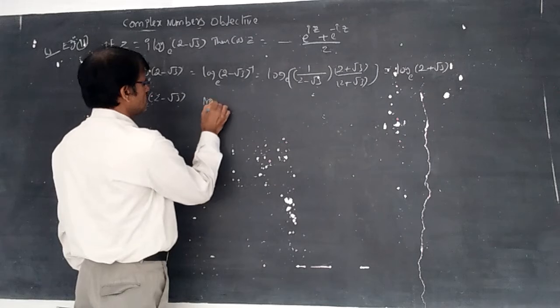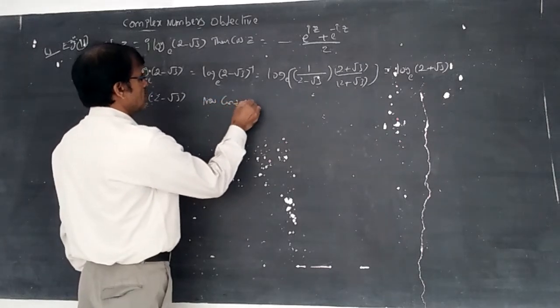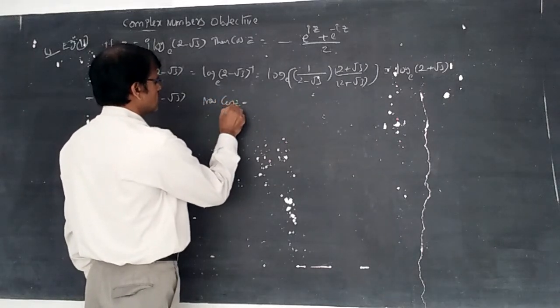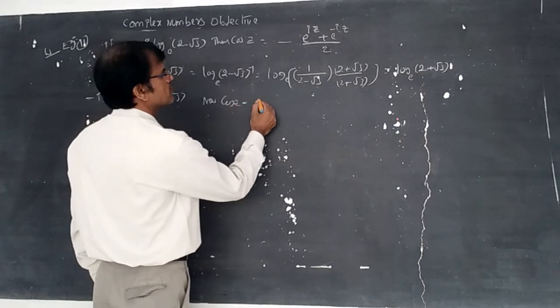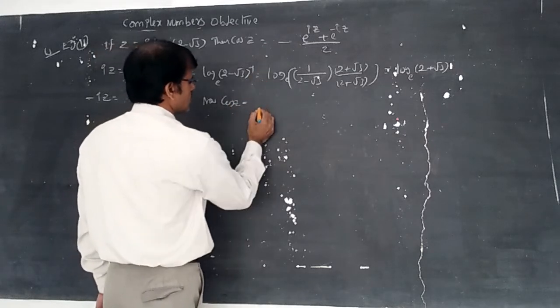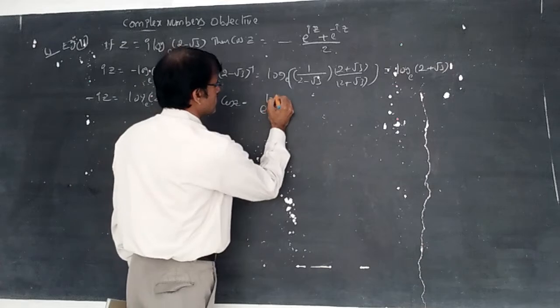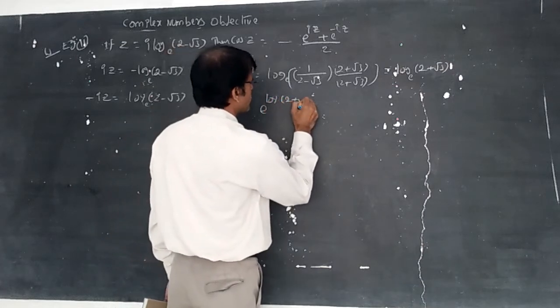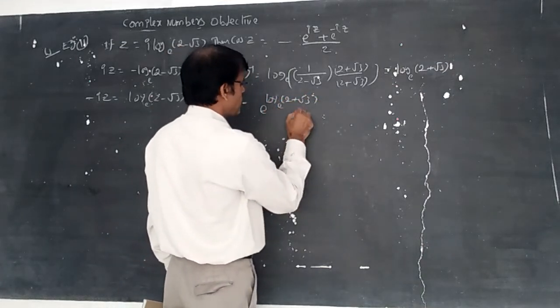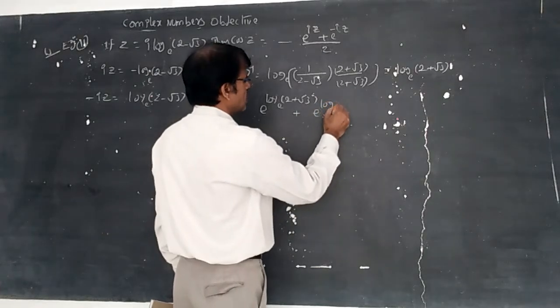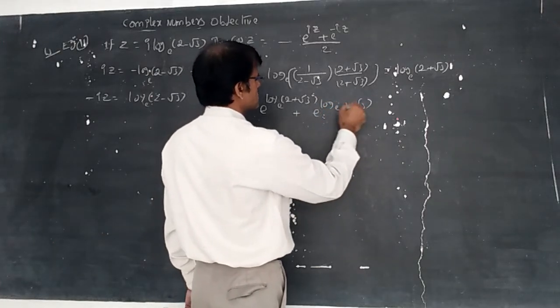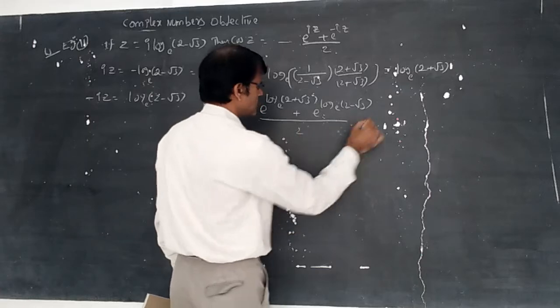Now cos z is equal to e power logarithm of 2 plus root 3 to the base e plus e power logarithm of 2 minus root 3 to the base e, whole by 2.